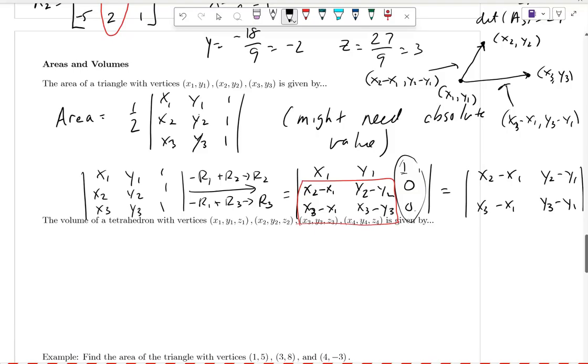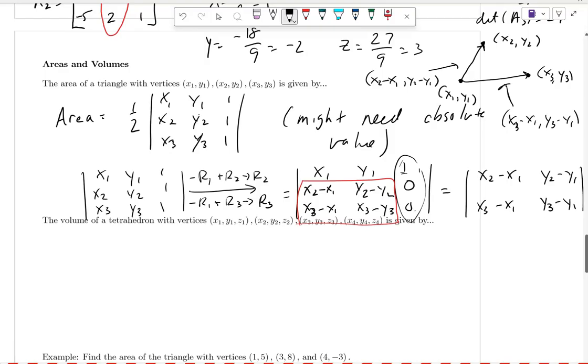If you want the area of the parallelogram determined by those 2 vectors, you take the determinant, don't you? It's the determinant of that, isn't it? Right? So forming this 3x3 determinant here is the same thing as forming your 2x2 determinant here.